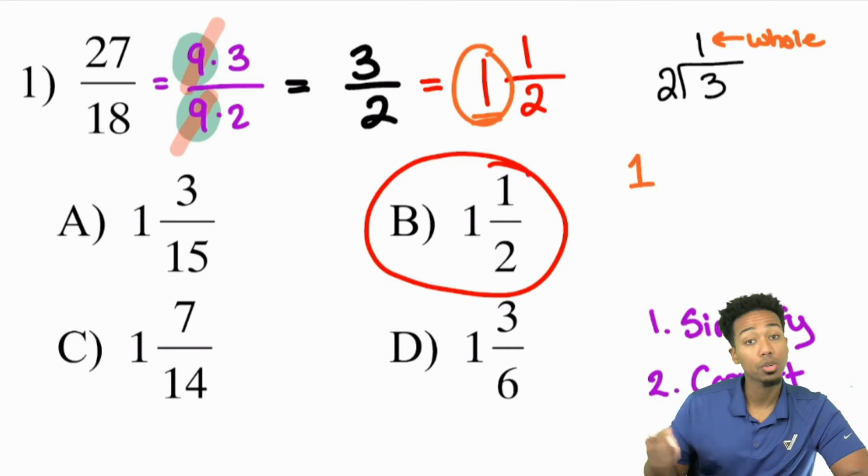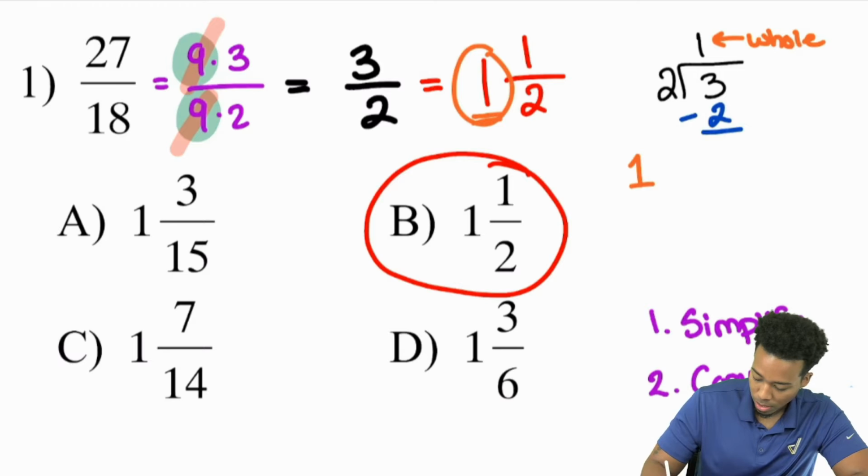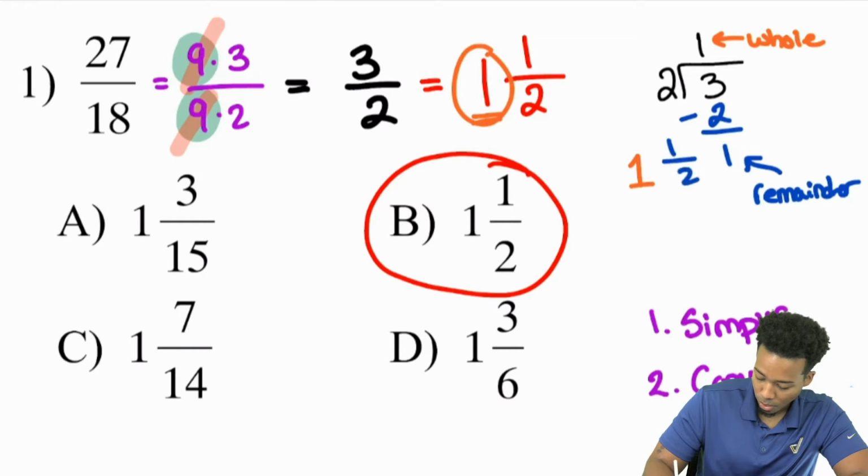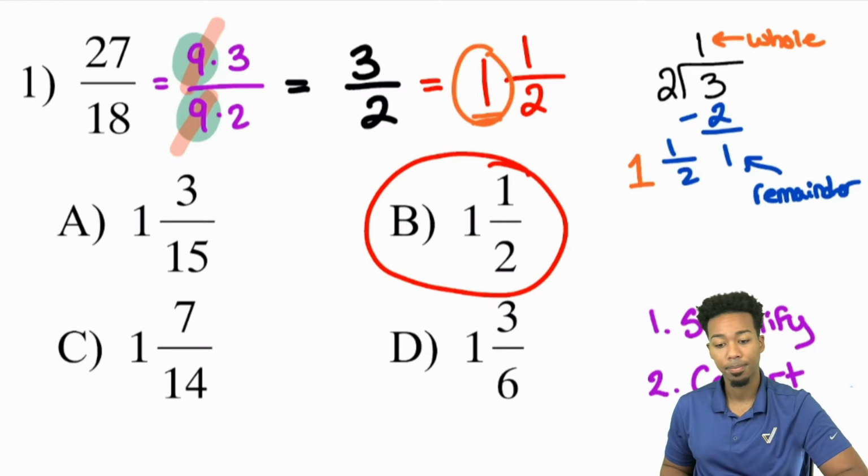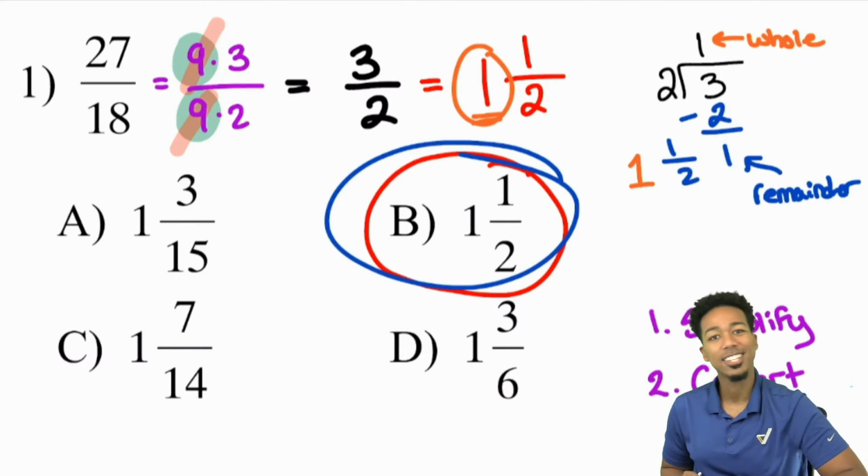And then, well, what's your remainder? Well, again, 2 times 1 is 2. So you take away the 2, and then you have a remainder of 1. So this right here, that's your remainder. So you have 1 left over out of the 2 that you divided by. So 1 and 1/2. So again, that's why B is the answer.